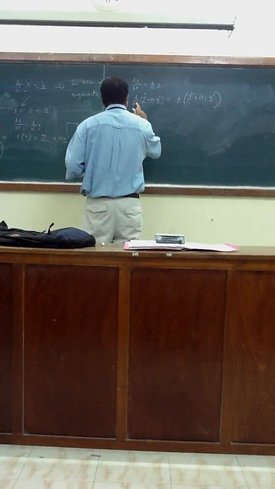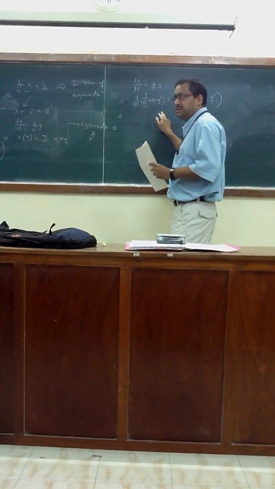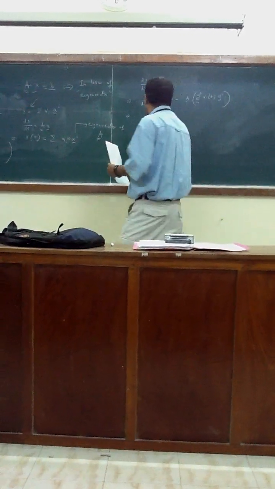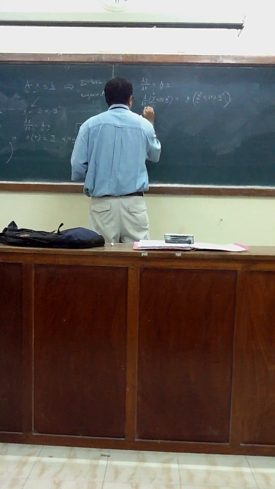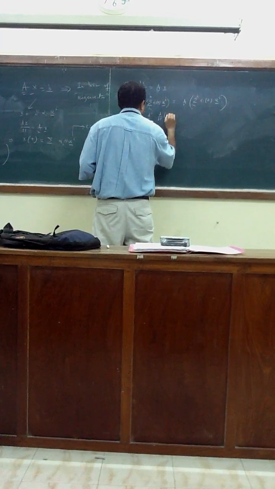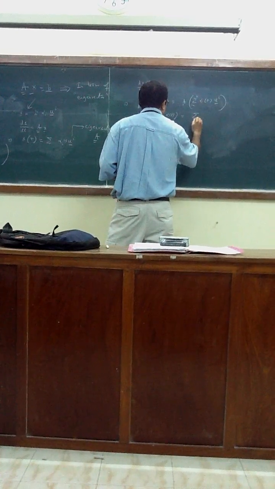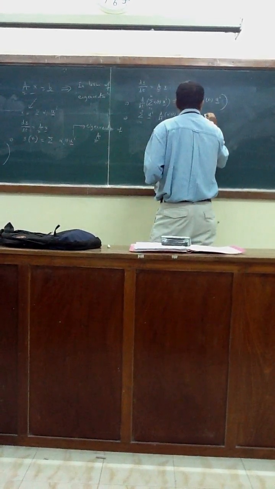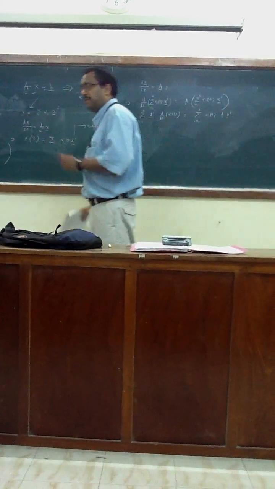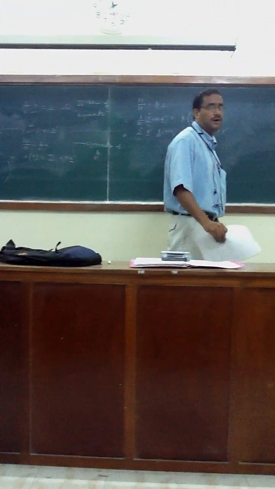Then we can take the differential operator inside the summation, and u i bar is not a function of time, so only alpha i(t) is. So we can write summation i equals 1 to n u i bar d/dt of alpha i(t) equals summation i equals 1 to n alpha i(t) A u i bar.